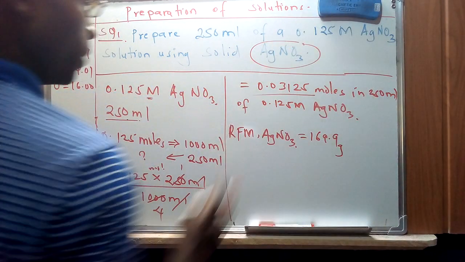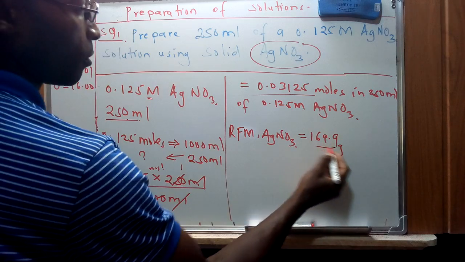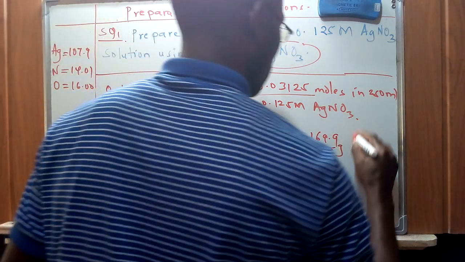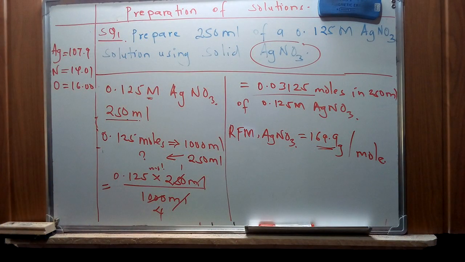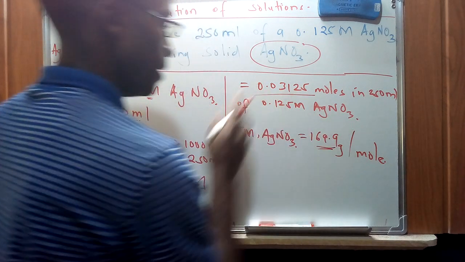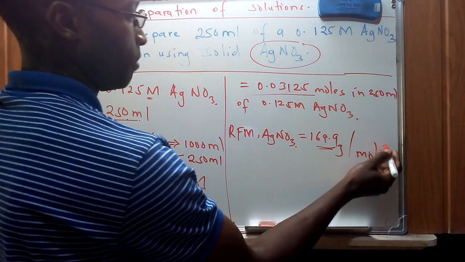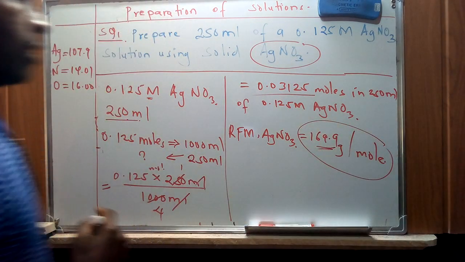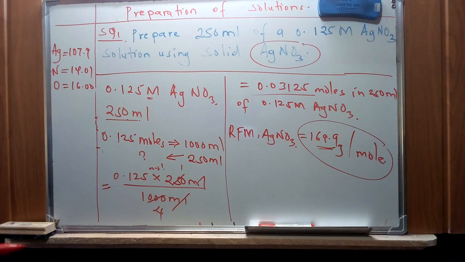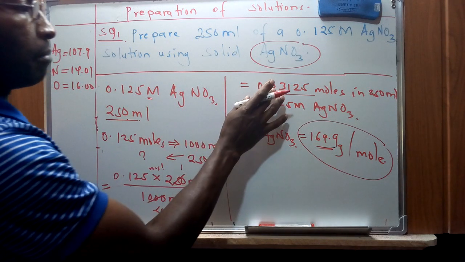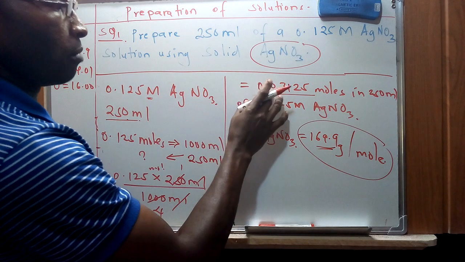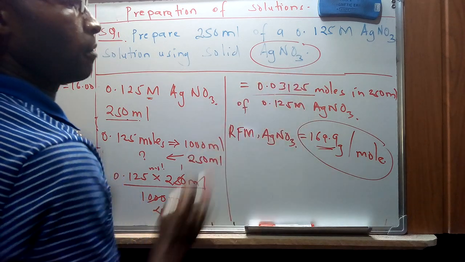So we can say that this number of grams of silver nitrate is per mole, and then we have a relationship: if 169.9 grams form a mole of silver nitrate, we are required to find the mass of 0.03125 moles.